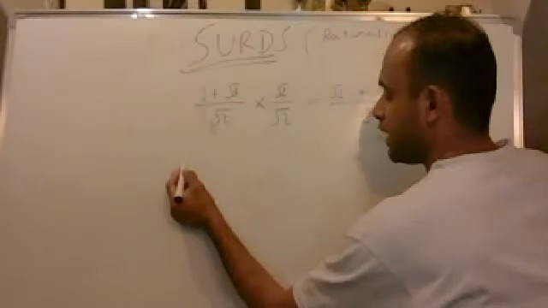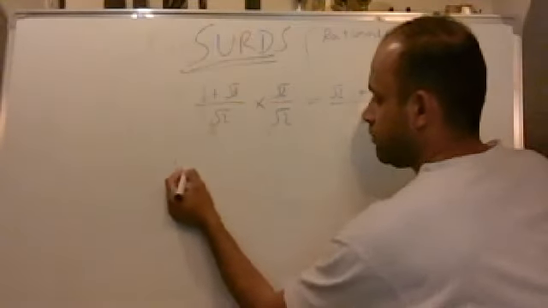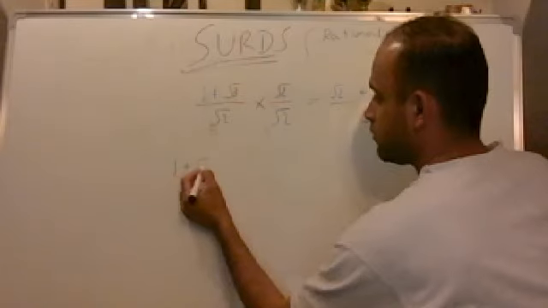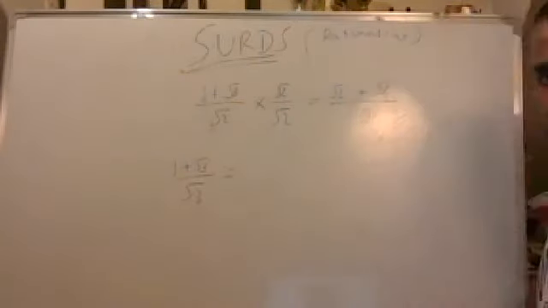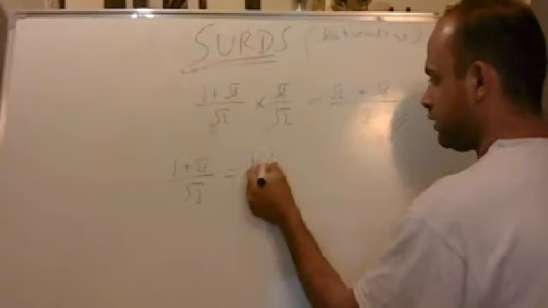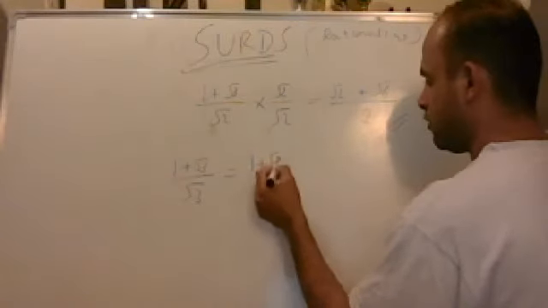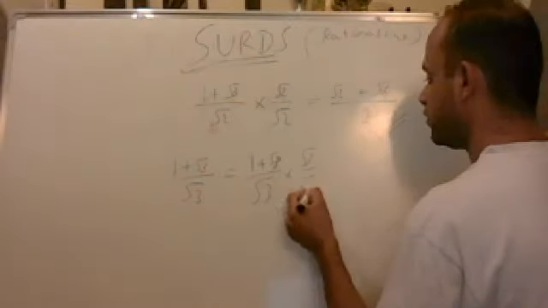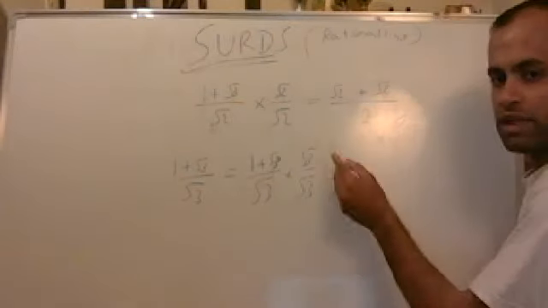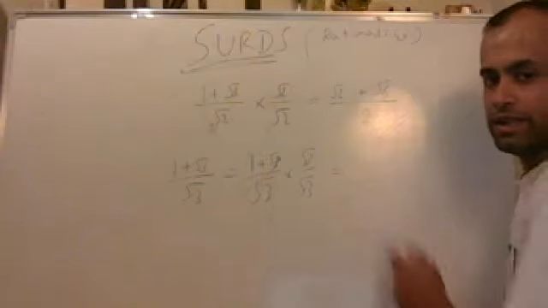So let's say I have a 1 plus root 3 over root 3. Now we're going to get an interesting result here. So that's same as 1 plus root 3 over root 3 times root 3 over root 3. So again, I'm just multiplying top and bottom by the denominator here.